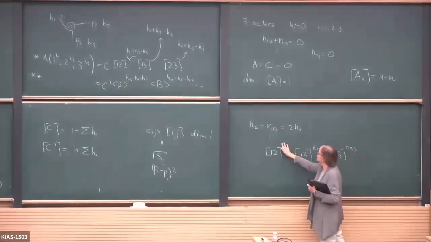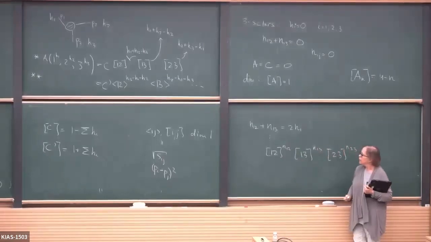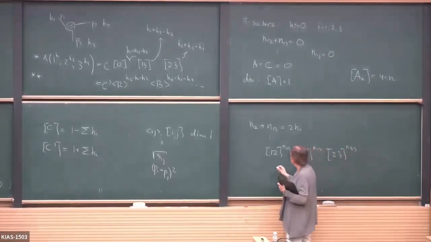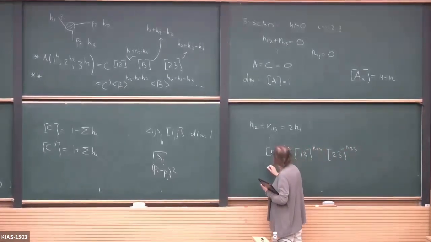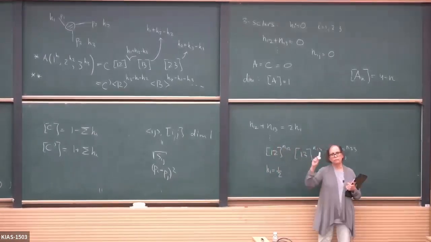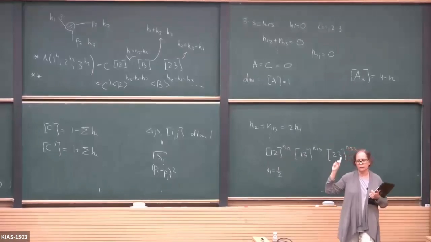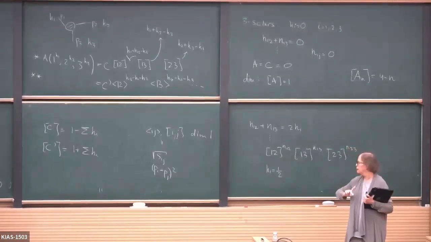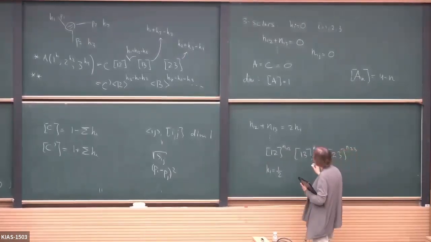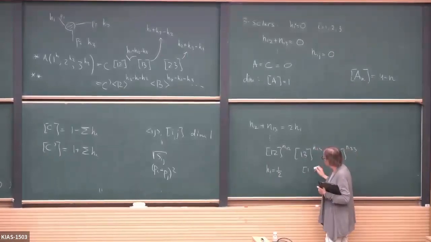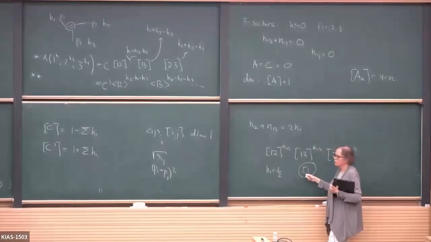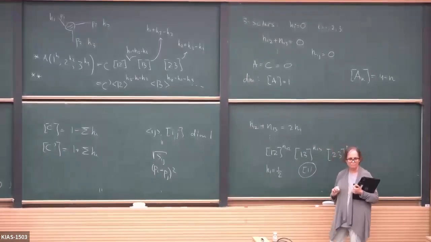These are n's, not h's. For example, let's suppose that h1 is a half. So leg 1 is a spin 1/2 particle. Then we know that the amplitude has to have one occurrence of this spinor, not more.